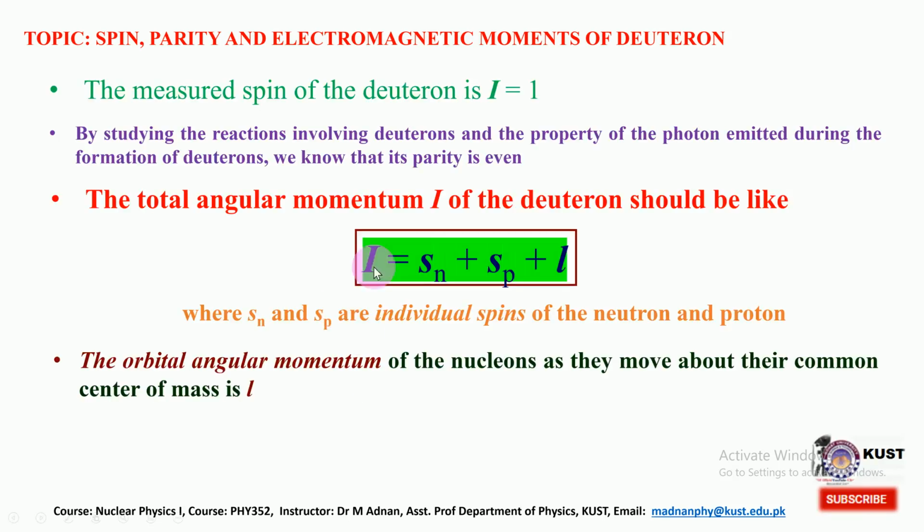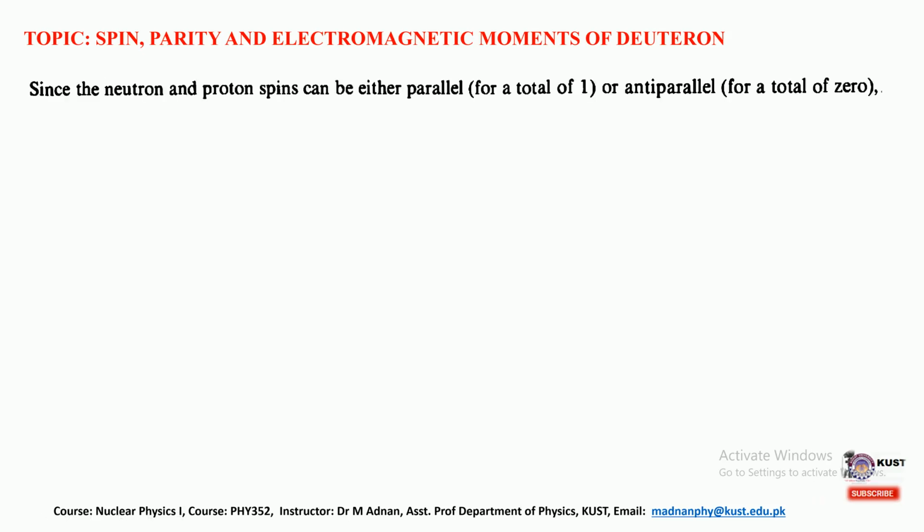Now we'll be looking at how one can obtain this number 1 for a nuclei based on these descriptions which we have already discussed. Since the neutron and proton spins can be either parallel for a total of 1, that is half plus half, or anti-parallel such that one is plus half, the other one is minus half, and then they just cancel out.